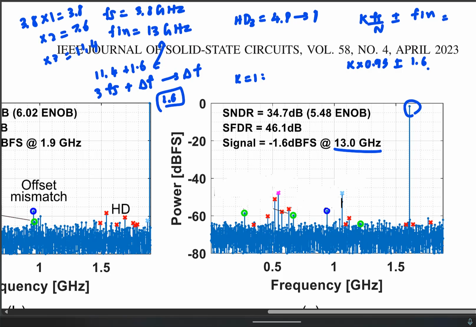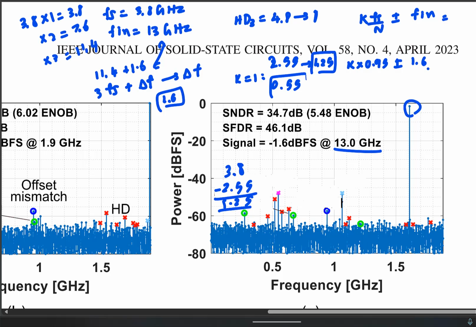Let us say 1.6 minus 0.95. First, let us say 2.55 and 1.6 minus 0.95 is 0.55. Fine. So 2.55, will it fall in the bandwidth or no? It will alias. Where will it alias? 3.8 minus 2.55. So what is this? It is 1.25.